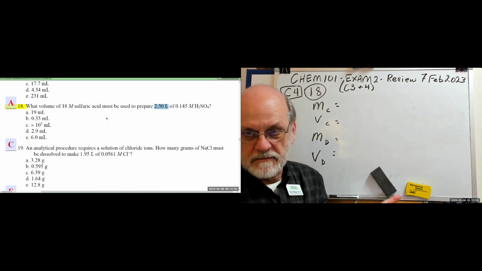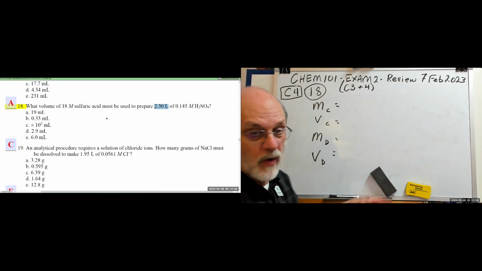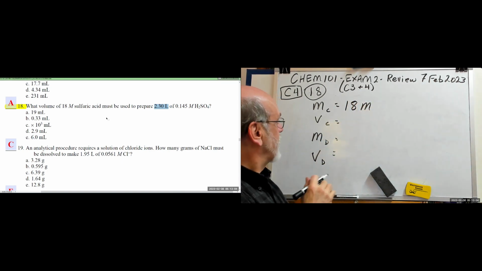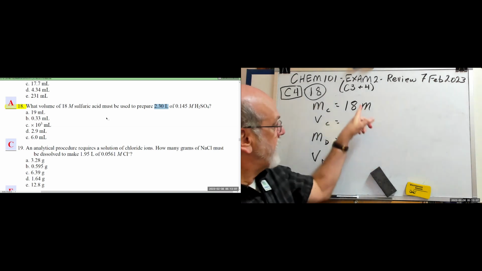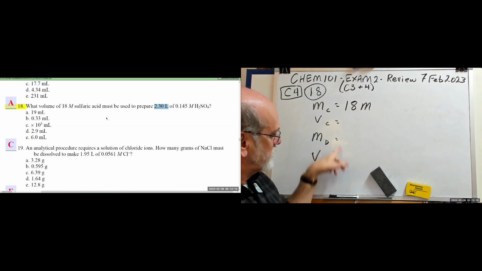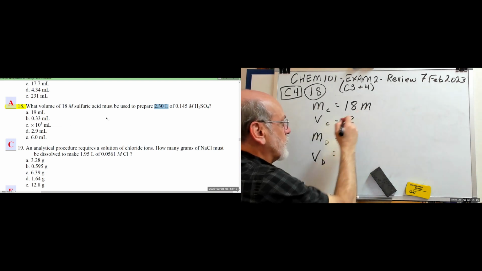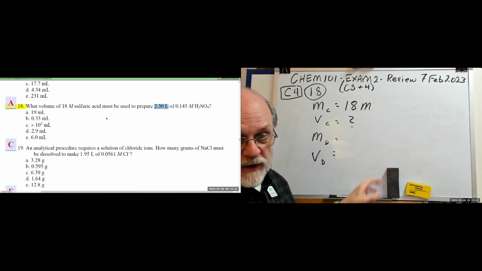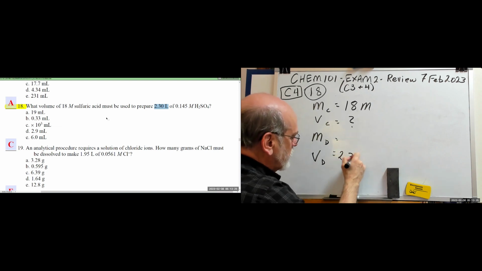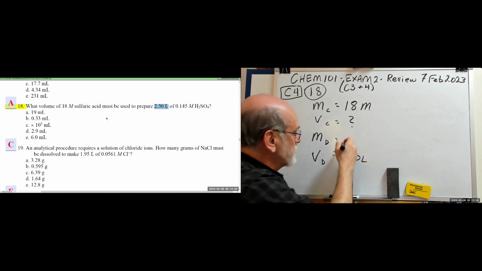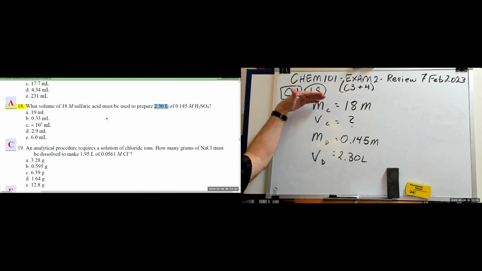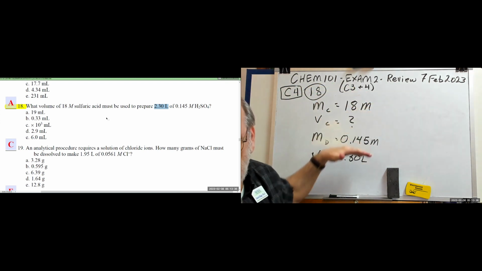So what's the concentrated molarity? It's 18 molar sulfuric acid. What we want to know is how much of that it's going to take to make this arrangement down here. So this one is unknown. We don't know how much volume we're going to pull out of that concentrated sulfuric acid container. So we want to prepare 2.30 liters, and we want the concentration to be 0.145 molar. So there you have it, the values assigned to their variables.